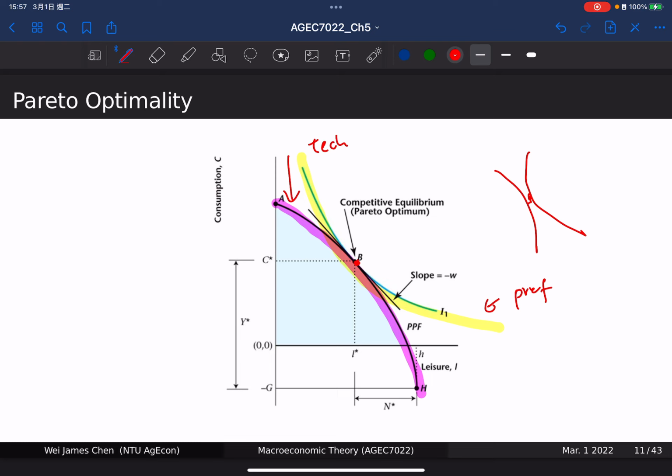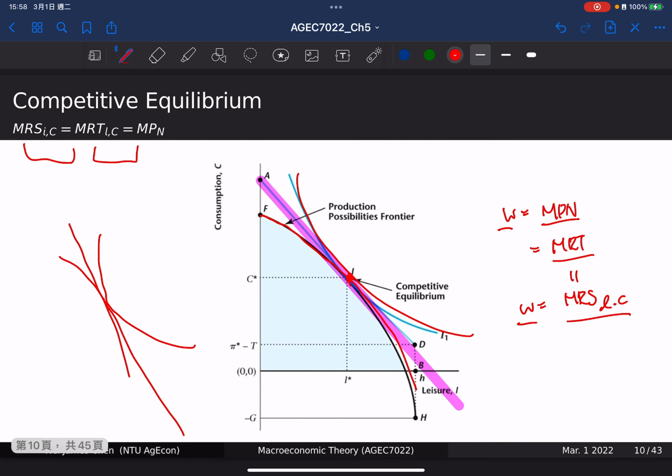By definition, PO means there's nothing you can do to make one person better off without making the other person worse off in terms of utility. Here, there's only one person who has utility, so we just maximize that person's utility. That is the PO. But this one looks pretty similar to this one, right?